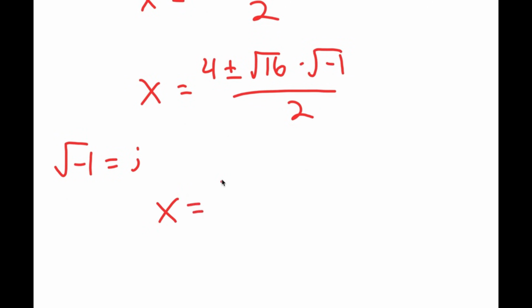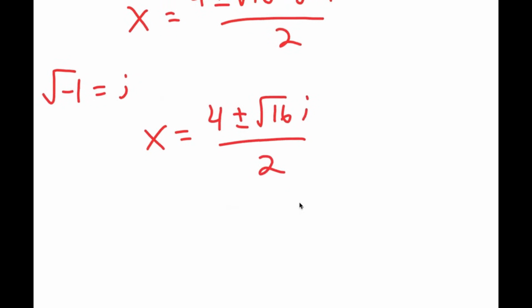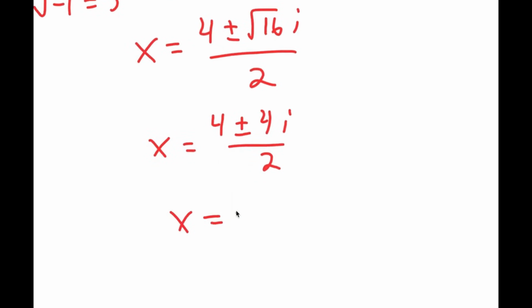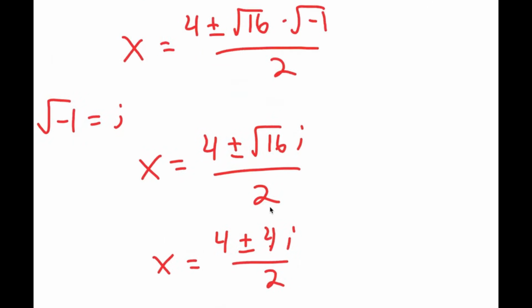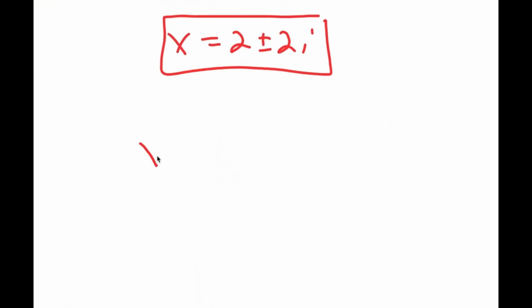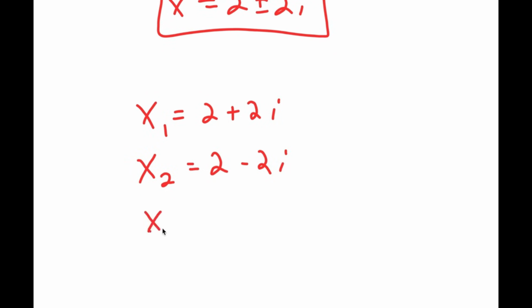So I get x is equal to 4 plus or minus the square root of 16 times i, over 2, and the square root of 16 is equal to 4, so I get x is equal to 4 plus or minus 4i, over 2, which turns into 2 plus or minus 2i. So my three solutions of x are x is equal to 2 plus 2i, x is equal to 2 minus 2i, and x is equal to 2.